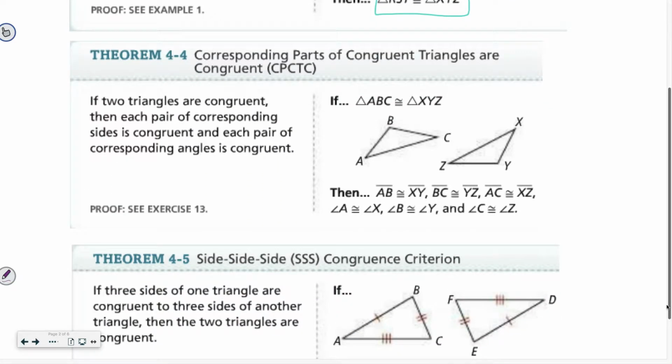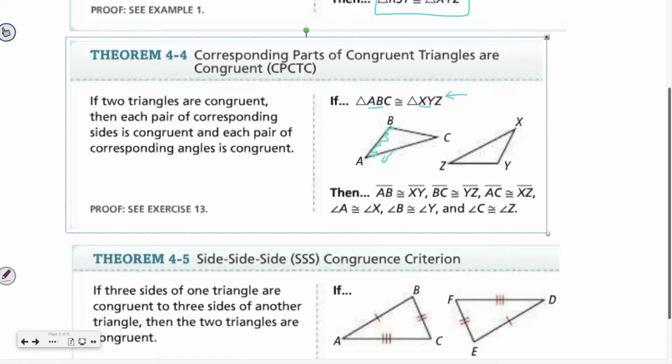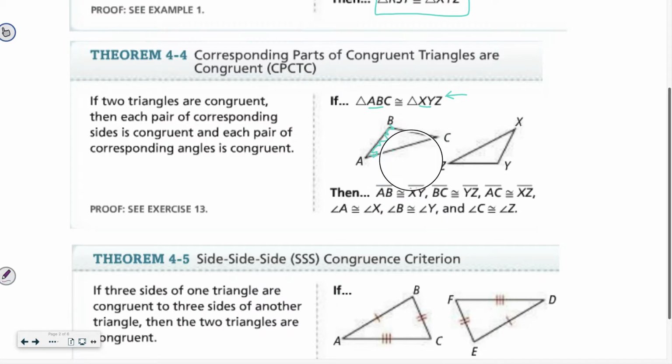So let's say we have two congruent triangles. If triangle ABC is congruent to triangle XYZ, then since I started with AB, I can say AB is congruent to XY. Those two segments are corresponding.